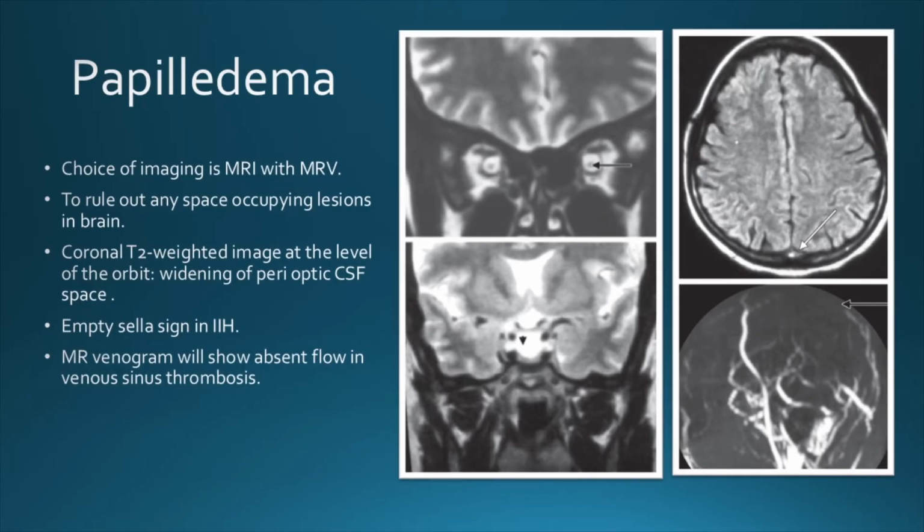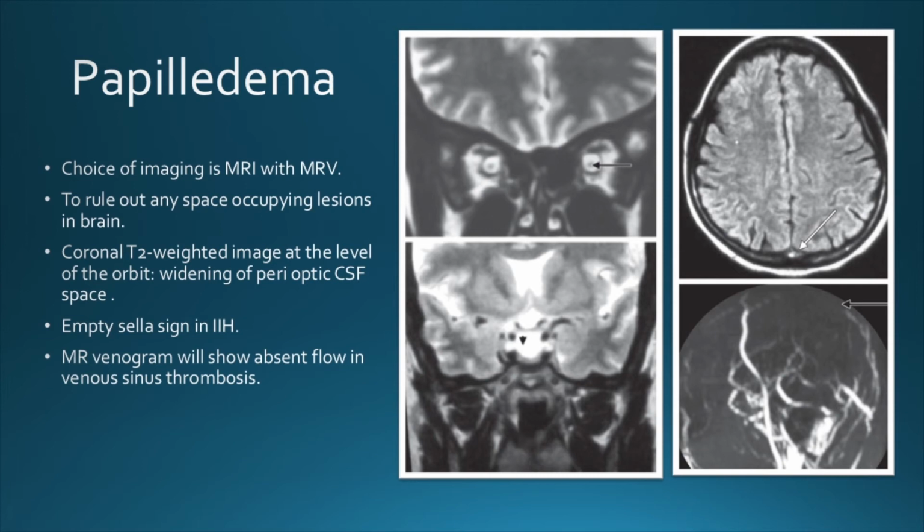Papilloedema, choice of investigation is MRI with MRV. MRI to rule out any space occupying lesion in the brain. Coronal T2 weighted imaging at the level of the optic nerve will show enlarged CSF space around the optic nerves, and in cases of idiopathic intracranial hypertension, empty sella sign will be seen.